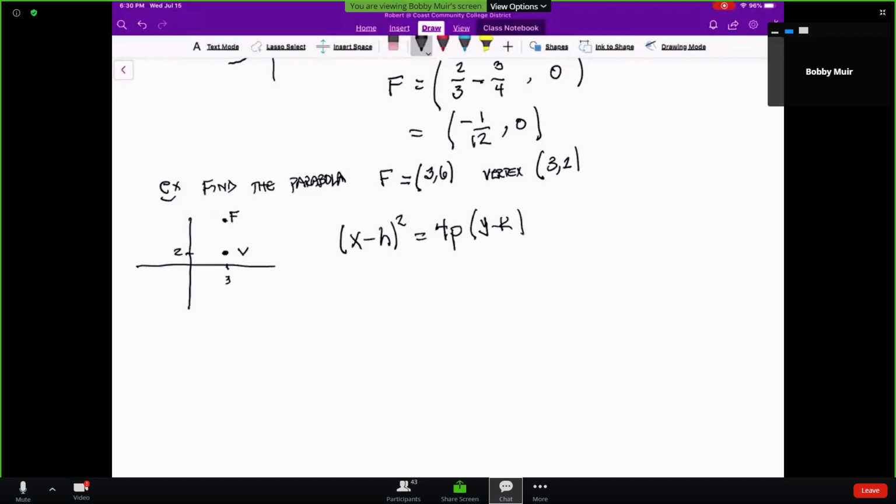Okay, now pretty much most of the information is there. It's going to be (x minus 2) squared equals 4p times (y minus 2). No, I had it right the first time, didn't I? It's (x minus 3) squared, (y minus 2). Okay, that makes sense.